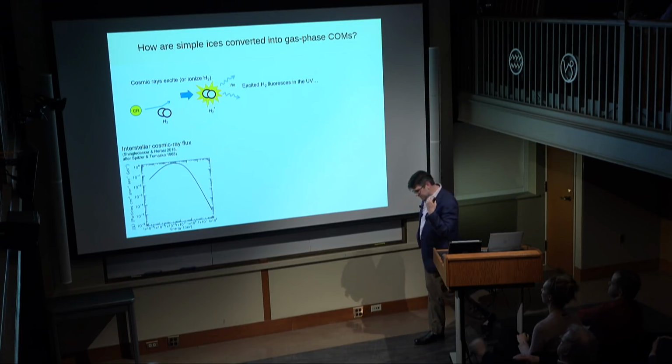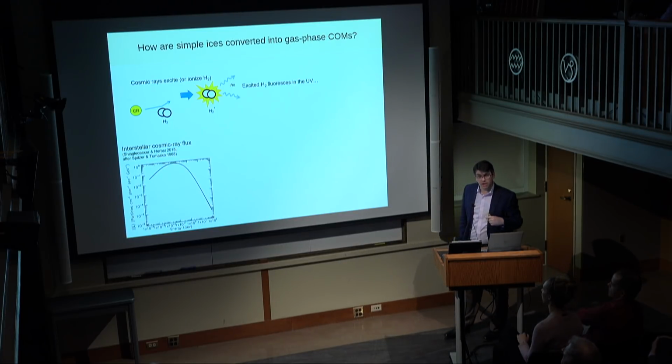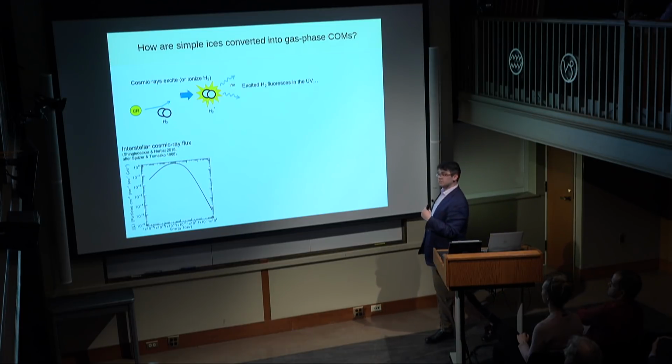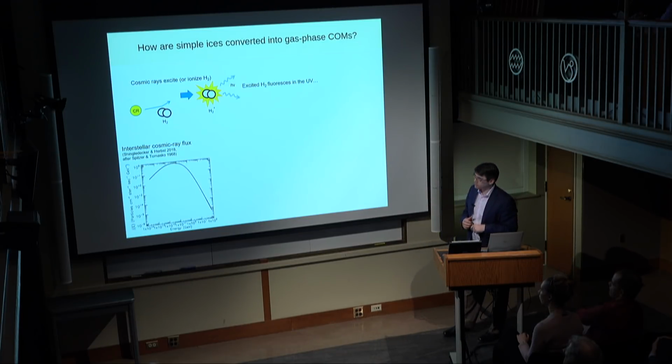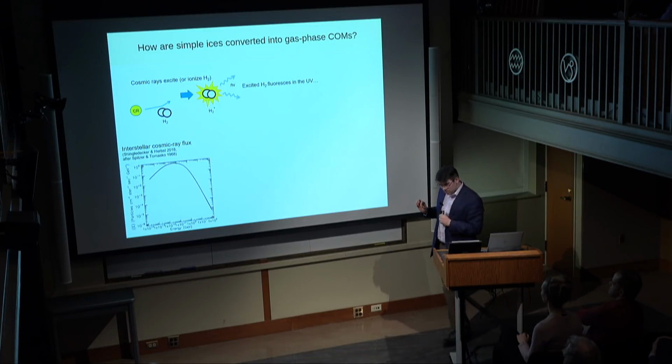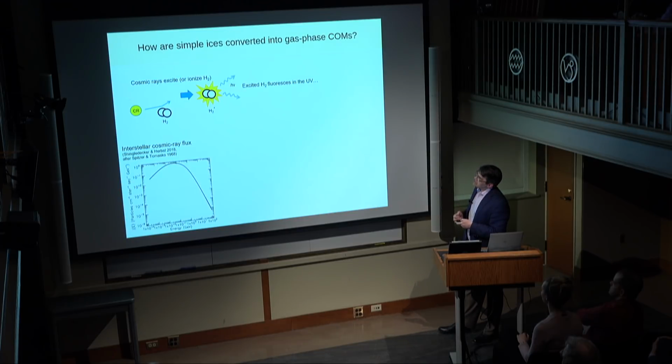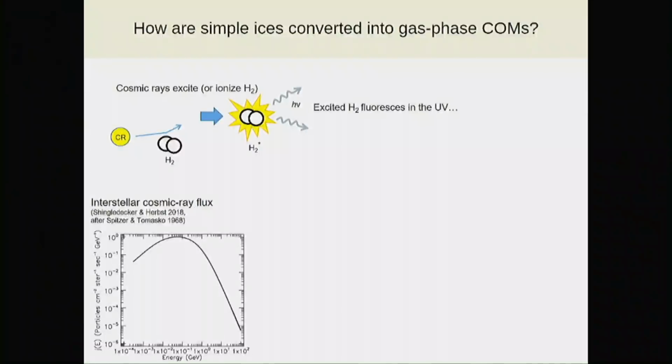This is a constant flux of high energy particles, and they're able to penetrate even the deepest, darkest regions of star formation where a UV photon could not. What we think happens is, I mentioned that ionization is caused in these clouds by cosmic rays. The process is as follows. A cosmic ray comes and bumps into H2, and it can ionize it, but it can also excite it.